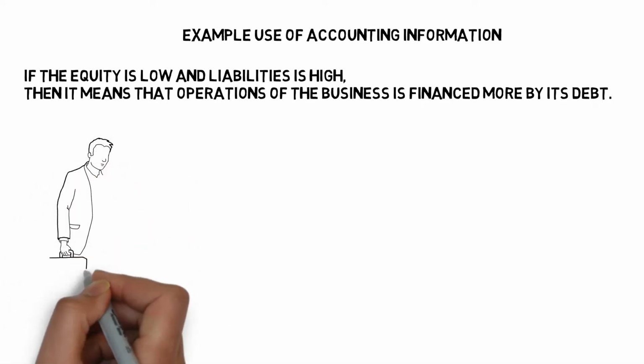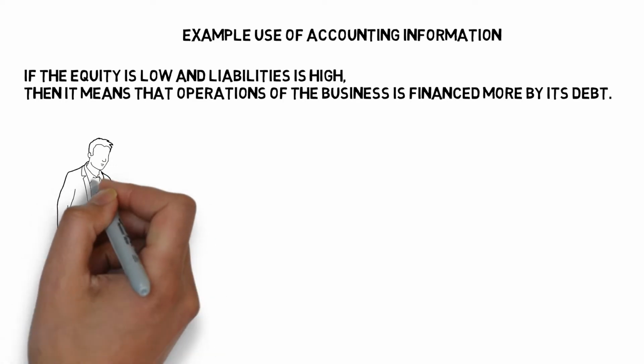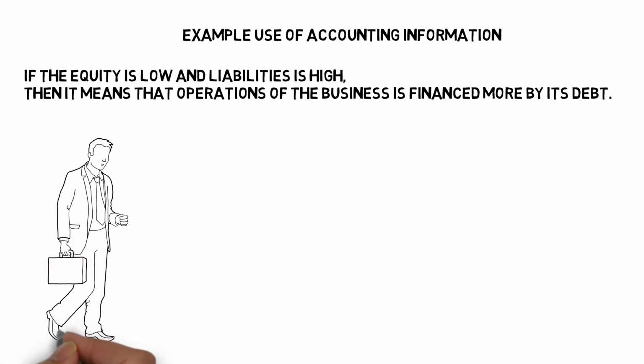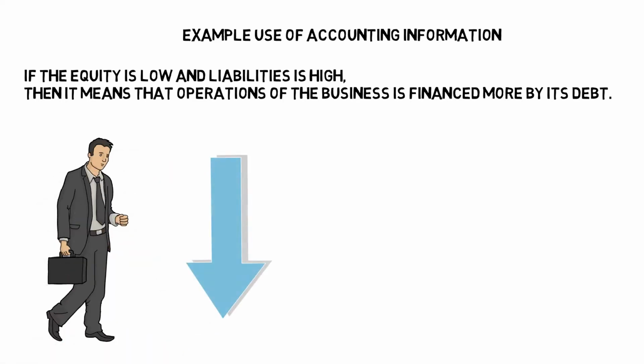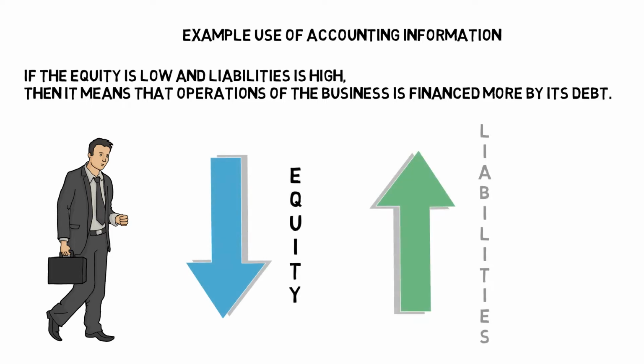So if you are an investor and you see this figure, low equity and high liabilities, then you can decide not to invest in this business because it is considered a risky business.